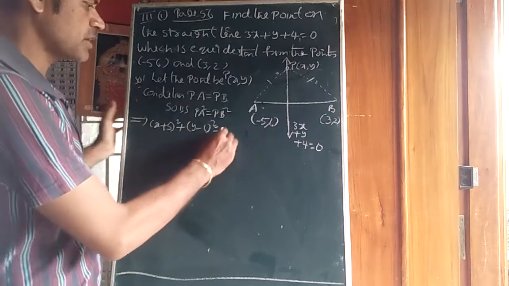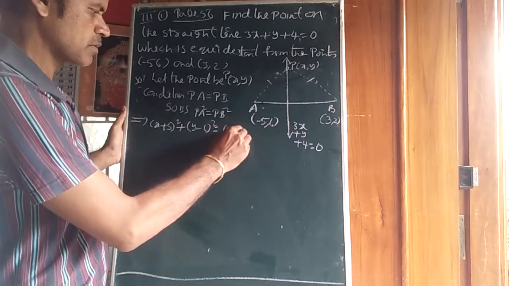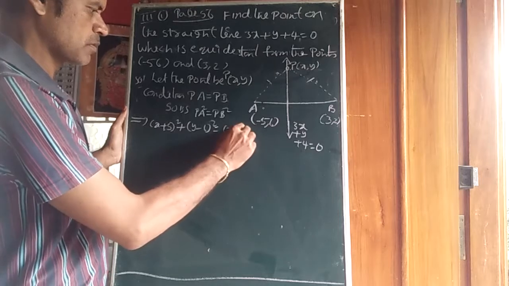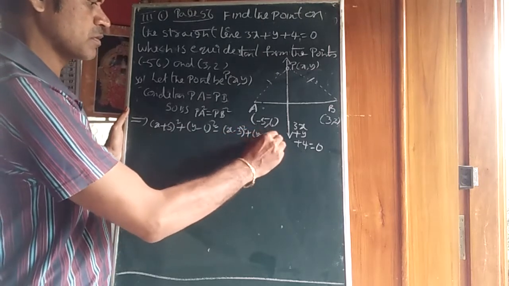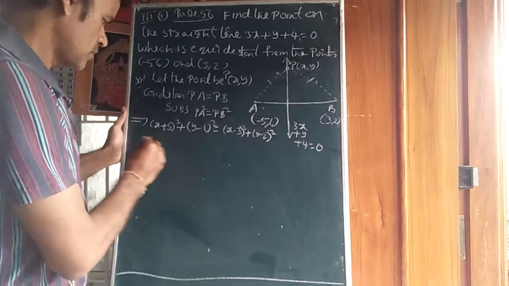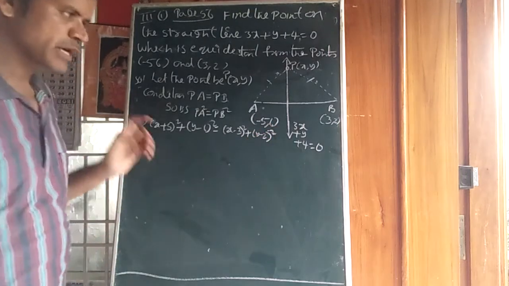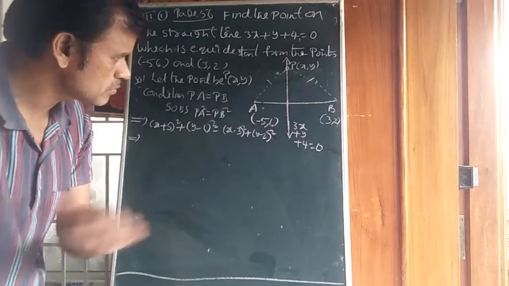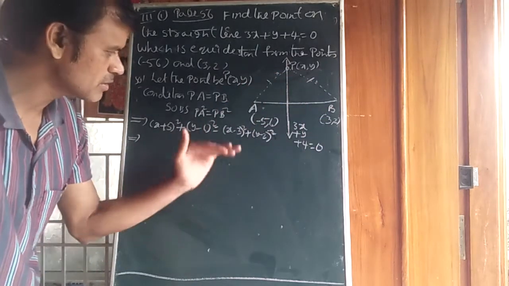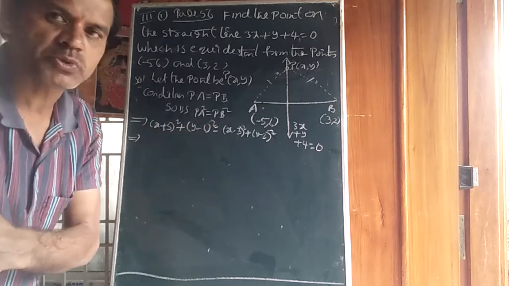You observe x minus 3 whole square plus y minus 2 whole square. Left side PA, right side PB, PA equal to PB. You equate the sums and find the equation by squaring both sides.